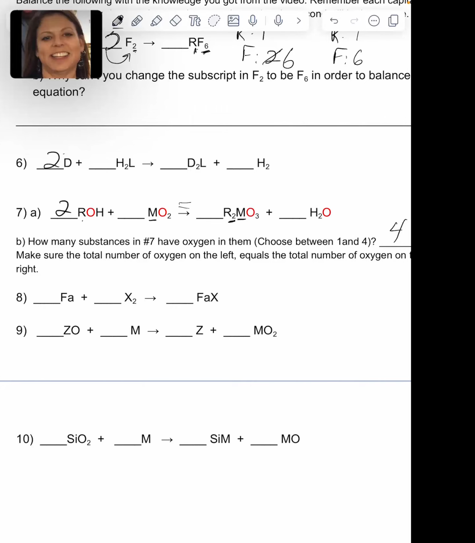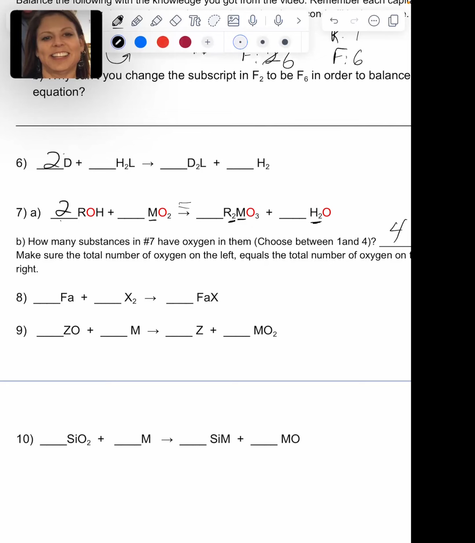The H's, well, I put a 2 here in front of this H, ROH. Every capital letter is a new element. So I have 2 H's. I have 2 R's, 2 O's, 2 H's in this first compound. On the right side, I have two H's already also. So hydrogen's fine.